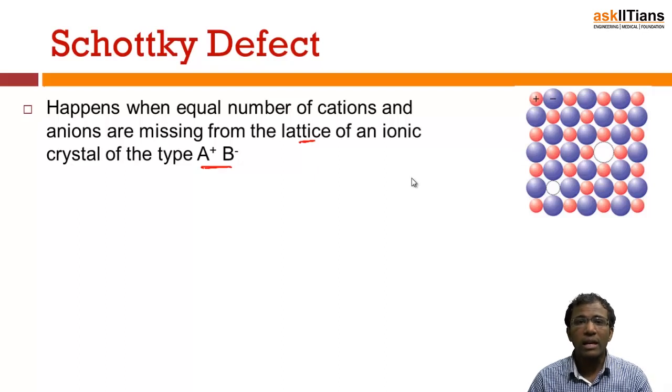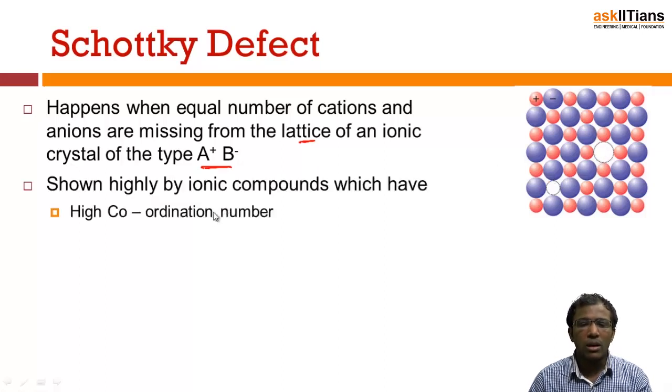So if one cation is missing, then one anion is missing, and if two cations are missing, then two anions are missing. Here you can see one cation is missing and one anion is missing.